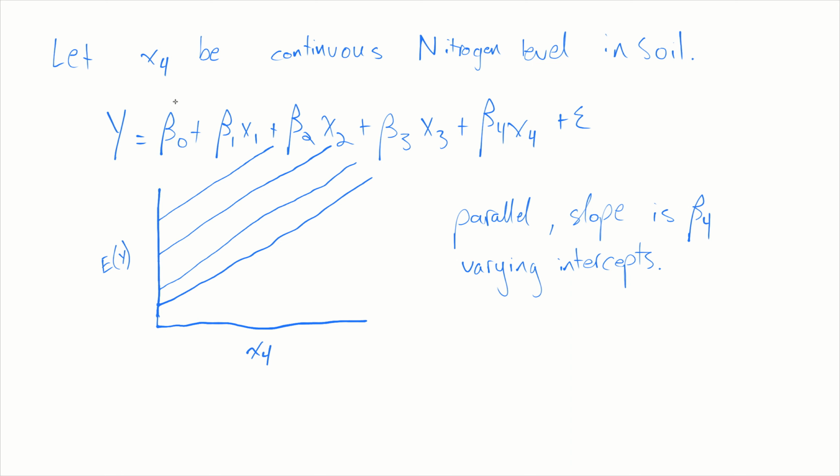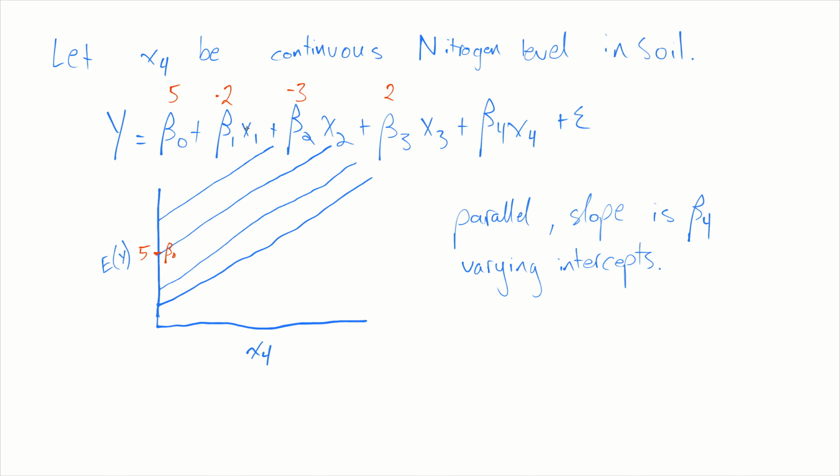Let's say beta naught is something like 5. Beta 1 is, let's say, -2. Beta 2 is -3, and beta 3 is +2. Now, let's say this is 5, and this is going to be beta naught, our intercept.